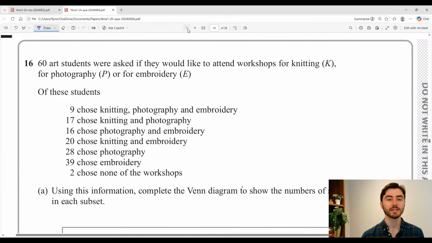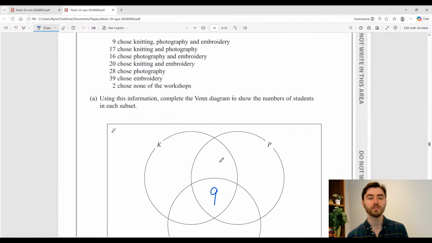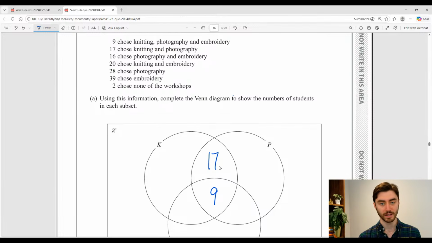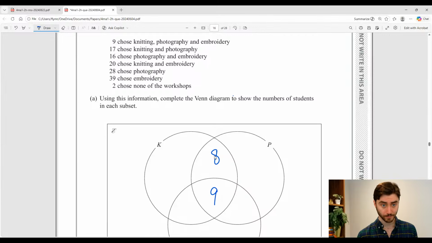Now it would be very tempting, if I just zoom out so you can see it all, this 17 chose knitting and photography. A lot of people would be tempted to write 17 in here, but that would not be correct because that 17 is everything in knitting and photography, including these 9 that we've already put in the middle. So there's actually 8 left to put in this region up here.